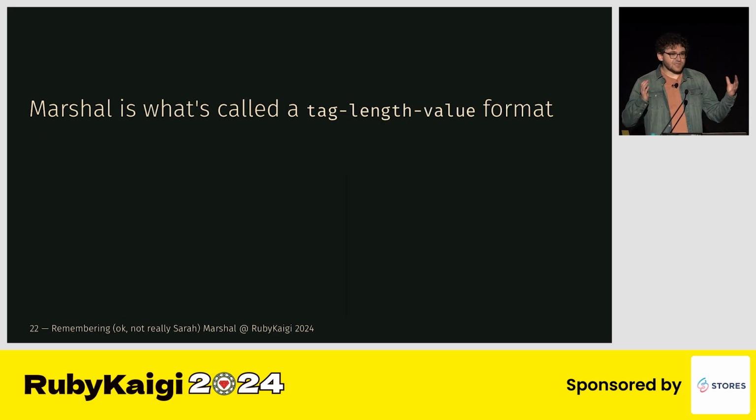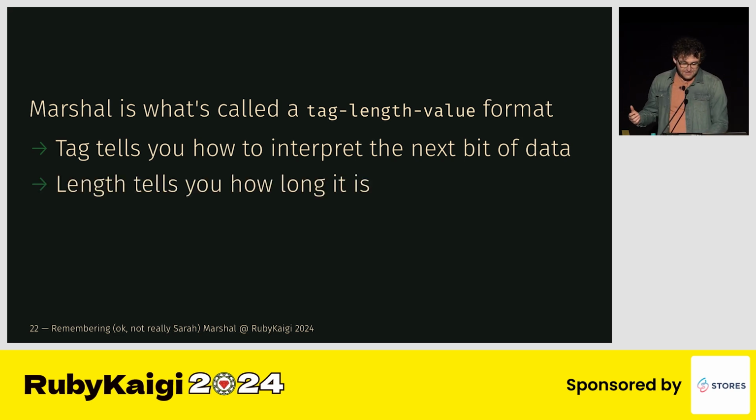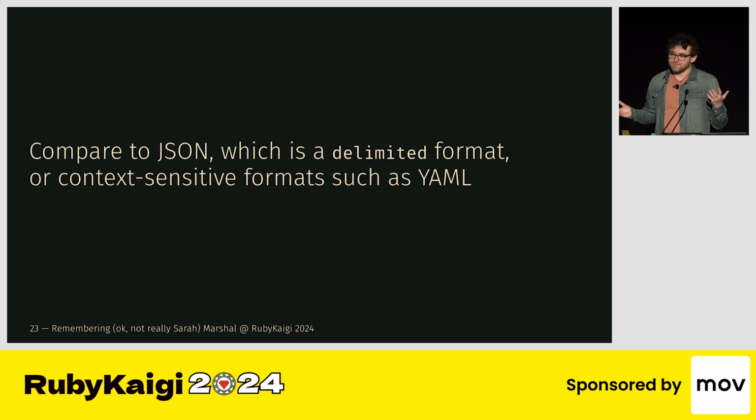Marshal belongs to a family of what are called tag length value formats. There's a tag that tells you how to interpret the next bit of data. There's a length that tells you how long that piece of data is, and then the value, which is the piece that we care about. Compare that to the formats that we're more familiar with.